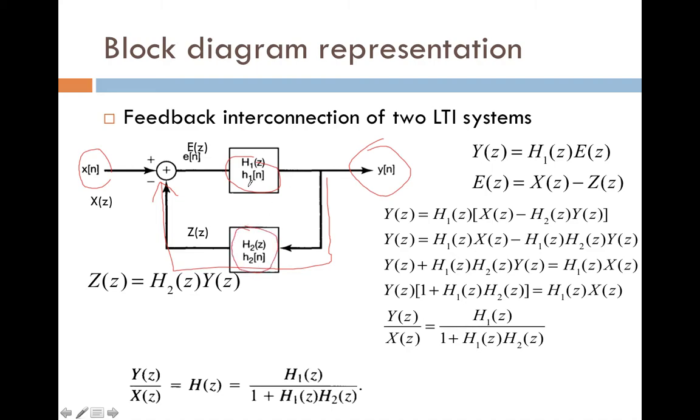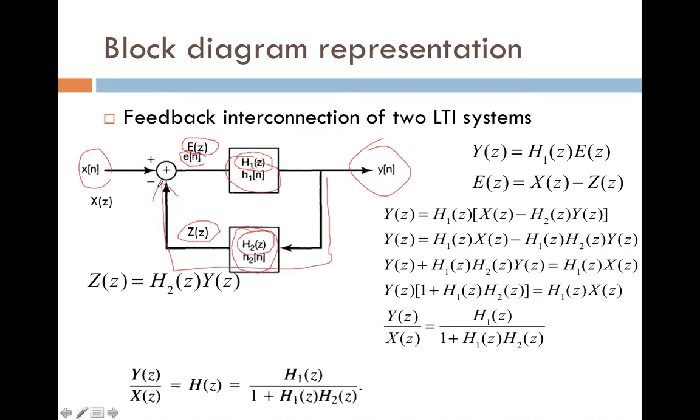Here H1 of z is the z transform of feed forward, and H2 of z is the z transform of feedback. Now I'm going to represent the error signal e of n, which is the difference between the input signal and the feedback, and the transform of the error signal is E of z, and Z of z is the output of the feedback block.